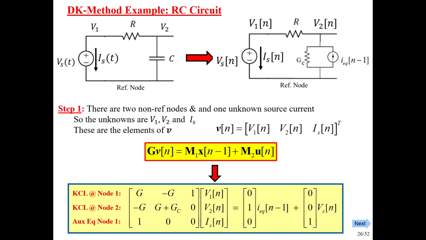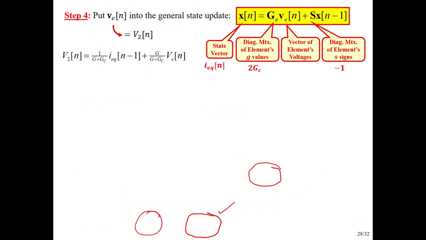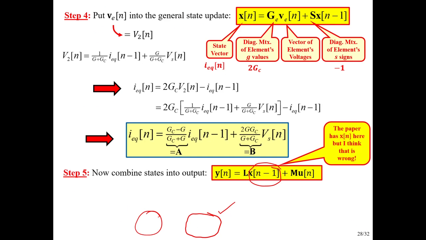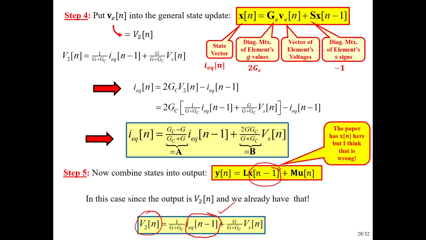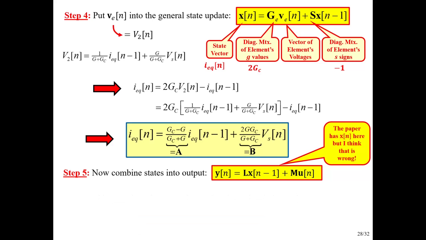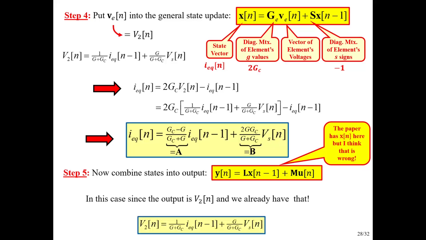So it makes no sense whatsoever to write this with an n here. So that's why I rewrote this with x of n minus 1 in here rather than x of n. So I'm sticking with that because every one that I've done, it's been easier to write this in terms of x of n minus 1.